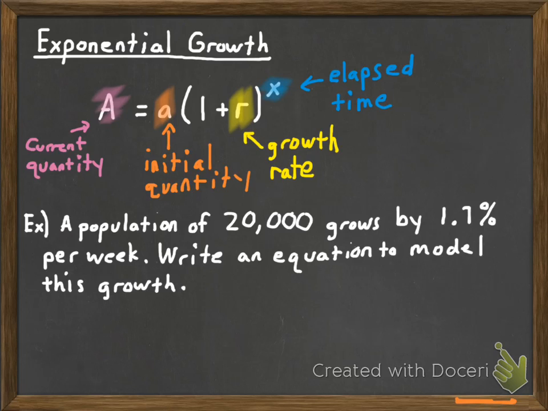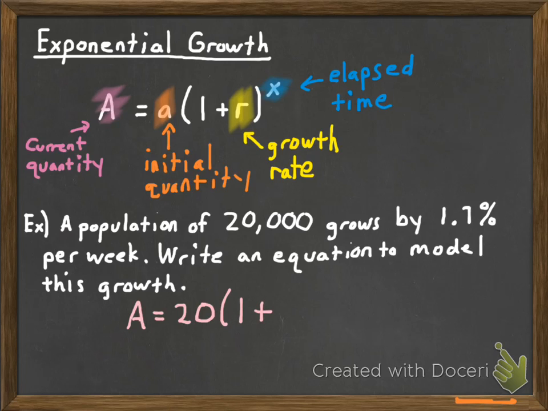It's quite simple if you just use the formula that I wrote above. The amount A is equal to the initial amount. The initial amount here is 20,000. I'm just going to write 20, and I'll specify that it's in thousands later on. So the initial amount is 20 times 1 plus the growth rate.